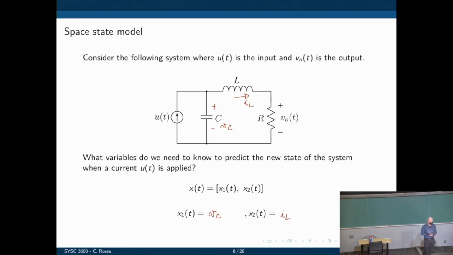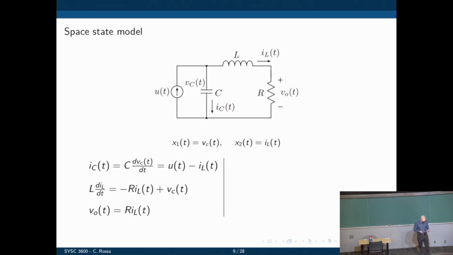Those are the two state variables. What do we do next? Well, now we can start modeling this. And if you model this system traditionally, as we've been doing, we'll find a second order differential equation. So ideally, we'll end up here with two differential equations. Okay, so here is the system.